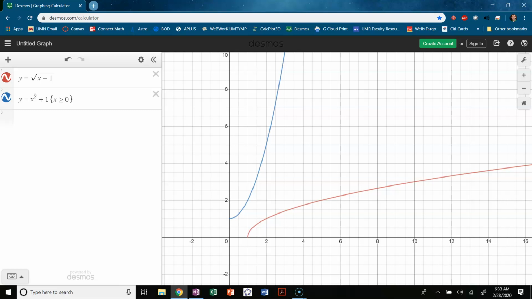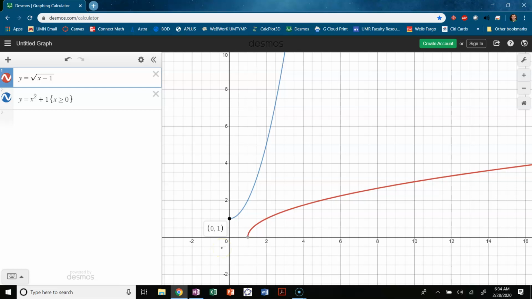Okay, well, I notice that if we look at where each function begins, this point here is 1, 0. If we look at where this other one begins, that is 0, 1. Similarly, I could look at this point, 1, 2, and then this point is 2, 1, ish, if you get it on there exactly.